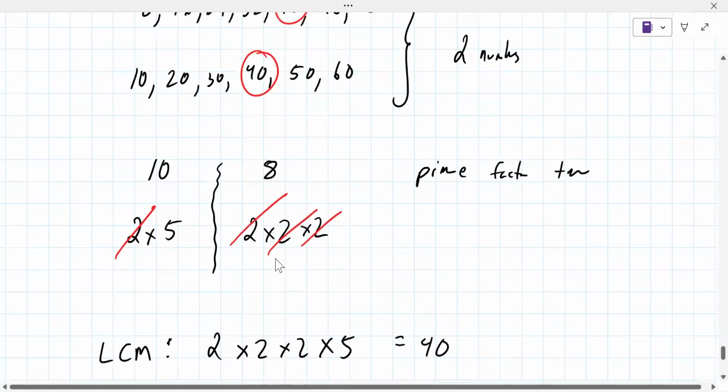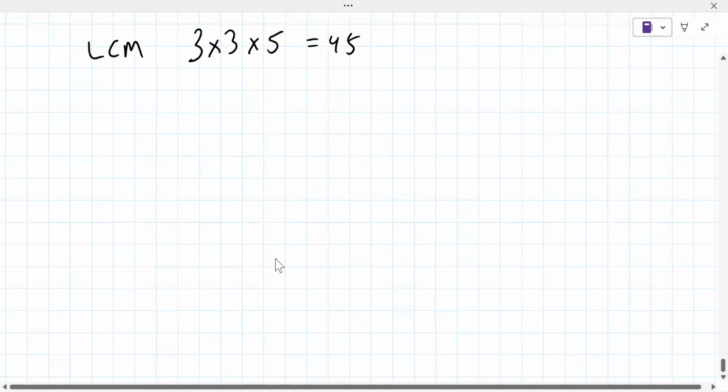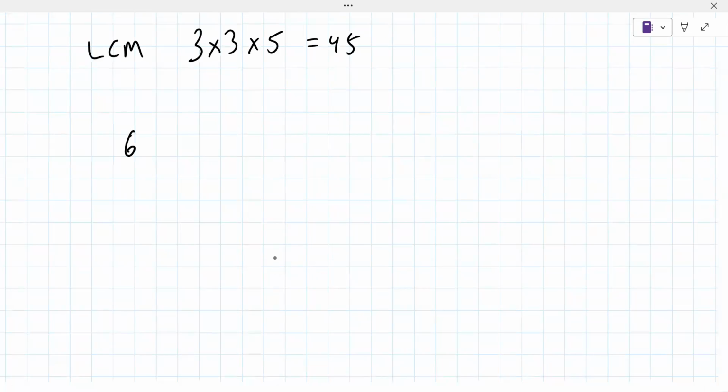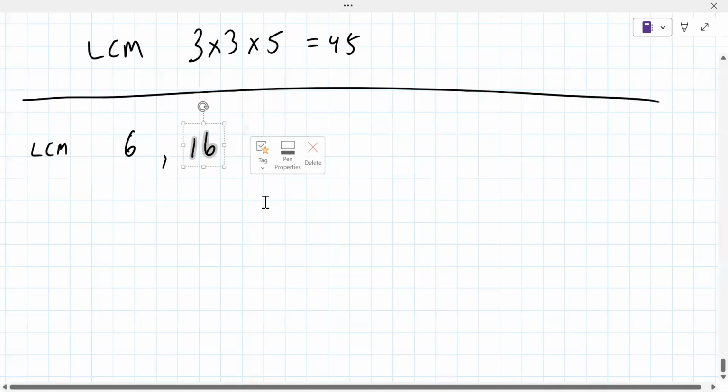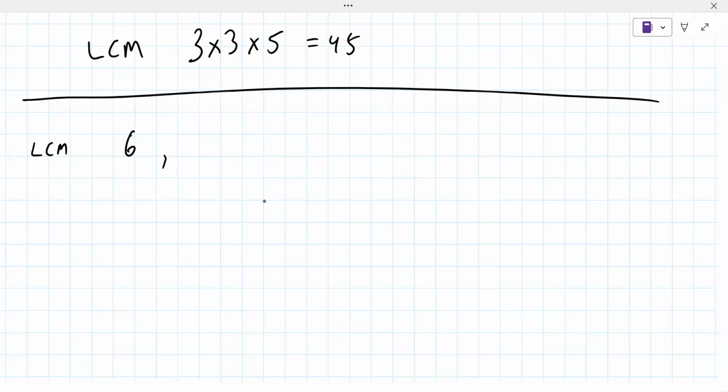Okay, so let me give you one to try here. I want you to find the least common multiple between 6 and 16. No, sorry, that's not a good one. I apologize. Try not to make the numbers too large. Also make them reasonable. Let's go 14.